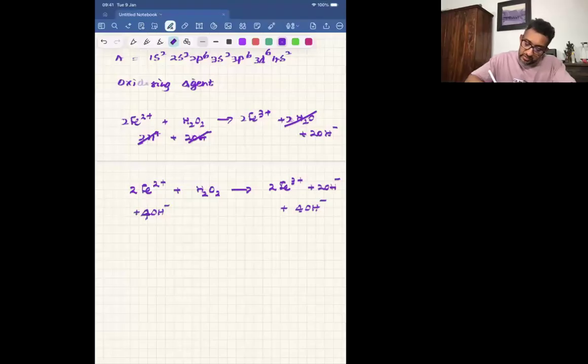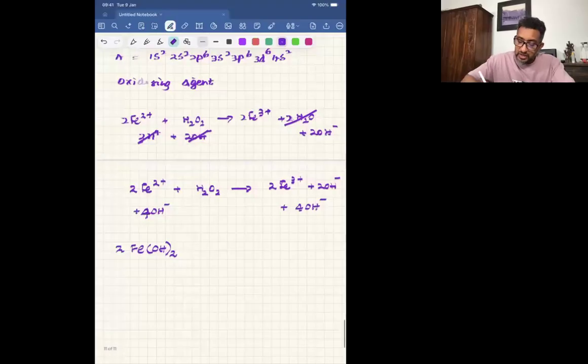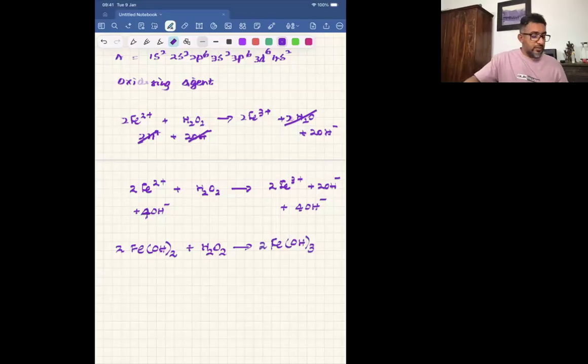So then this will give you 2 ferrous hydroxide, OH twice, 2 times 2, 4. 2 ferrous hydroxide plus hydrogen peroxide giving you, so 4 plus 2 is 6, ferric hydroxide, and this is 2. State function for the stated function. I hope you got that. Everybody okay with that?